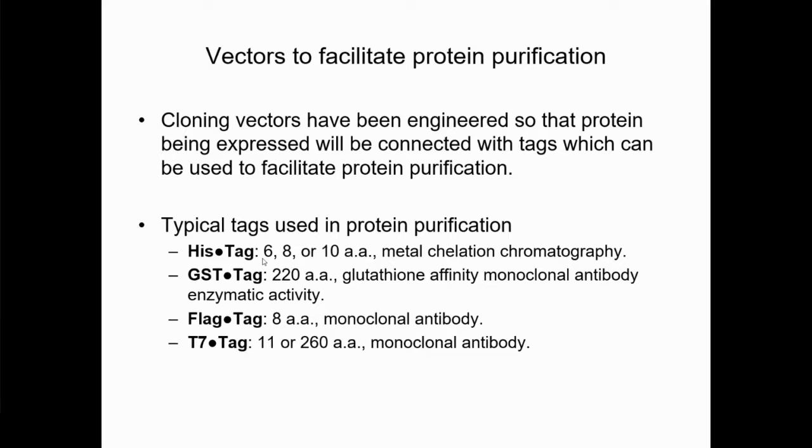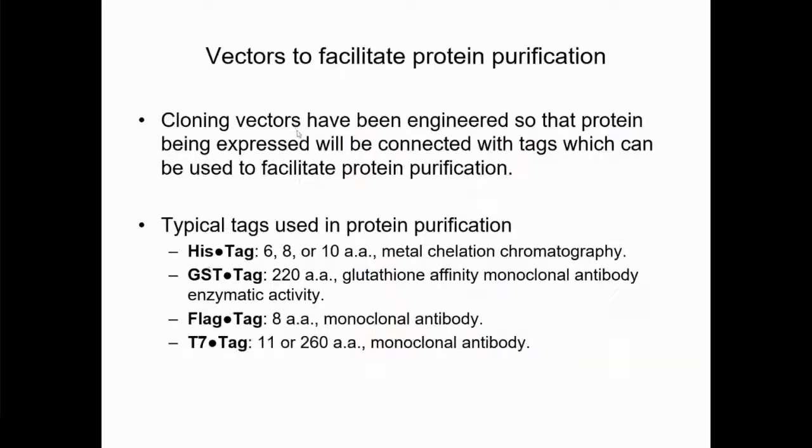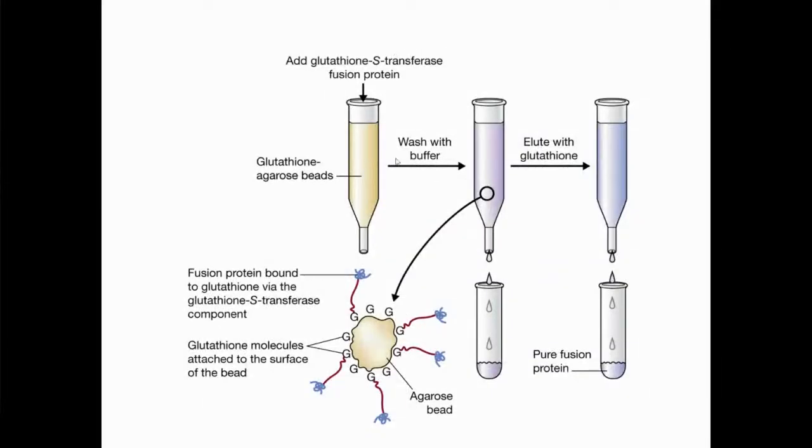Later on, I will show a typical expression vector to show you how they incorporate the tag into the vector. Purification is easy, because once you have the protein expressed with the tag, you go through a column chromatography.